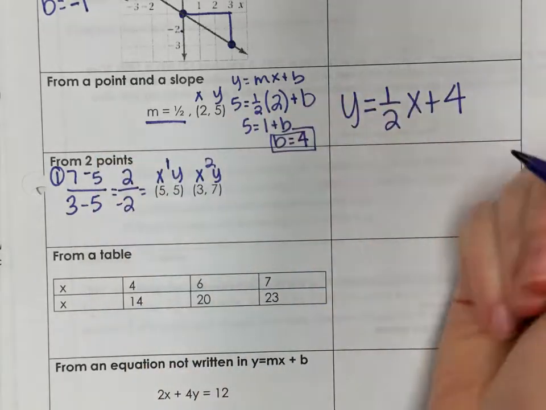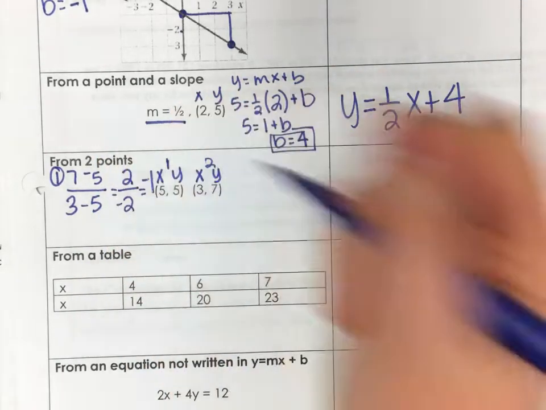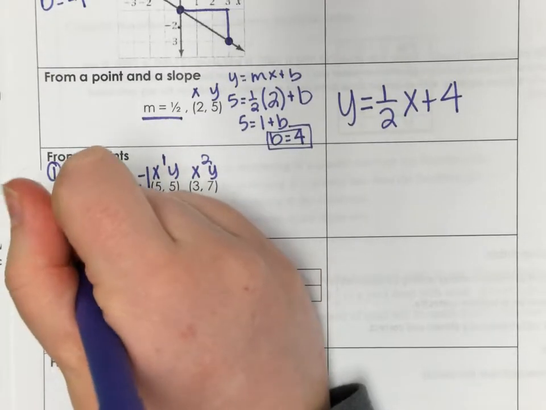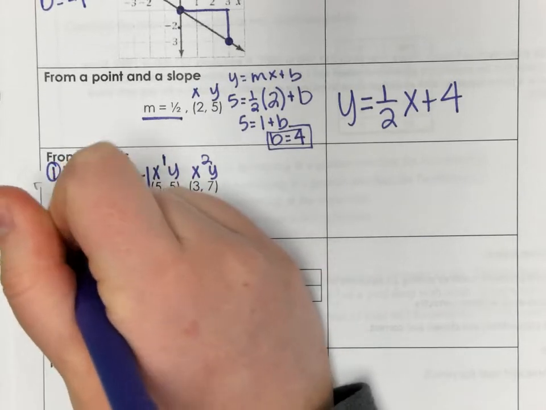Negative 2. So this simplifies to? Negative 1. That's right. Okay, so we have m is equal to -1.